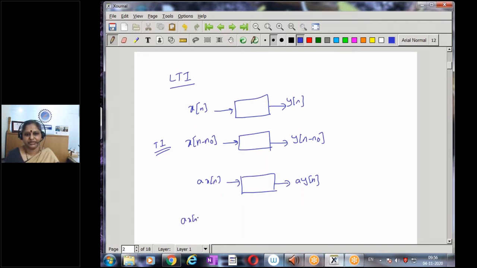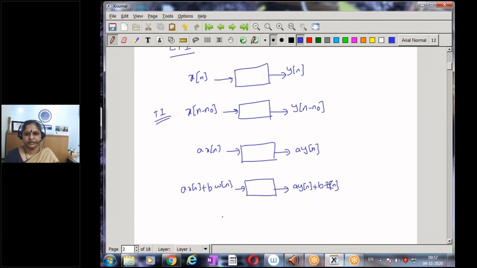Or if I give a sum of two signals, say a times x[n] plus b times w[n], then I am going to get the output as a times y[n] plus b times z[n], where an input w[n] resulted in an output z[n].